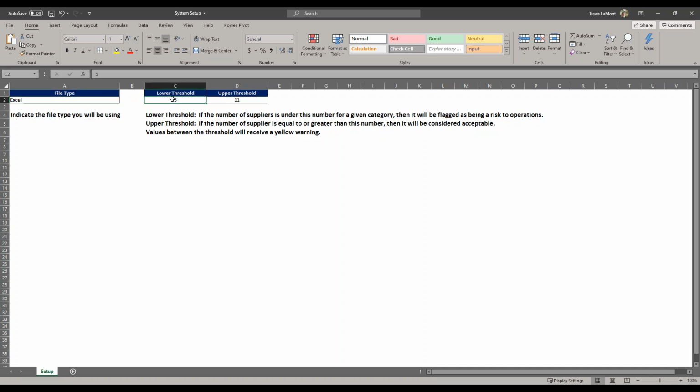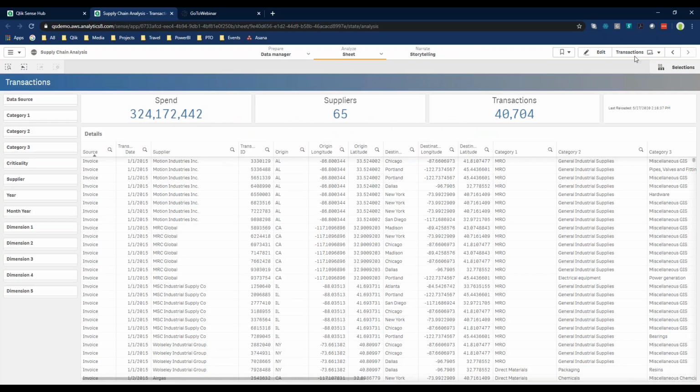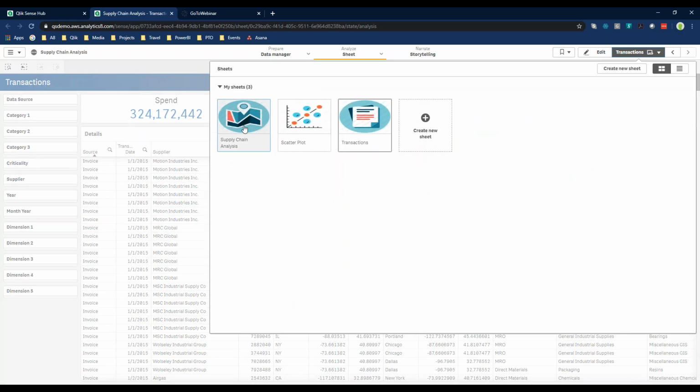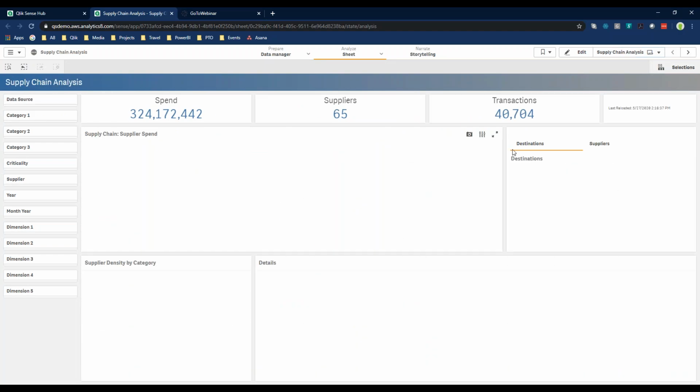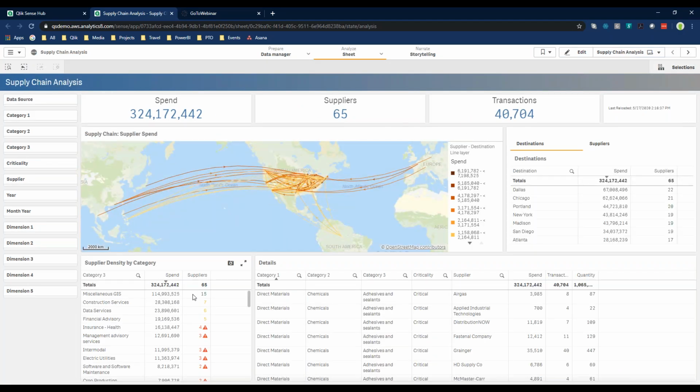And then you want to indicate your lower and upper thresholds in terms of the risk that you'd like to indicate for the number of suppliers for a given category. If you recall, when we were looking at the analytics and the dashboard, you'll notice we had a color coding for the number of suppliers for a category.